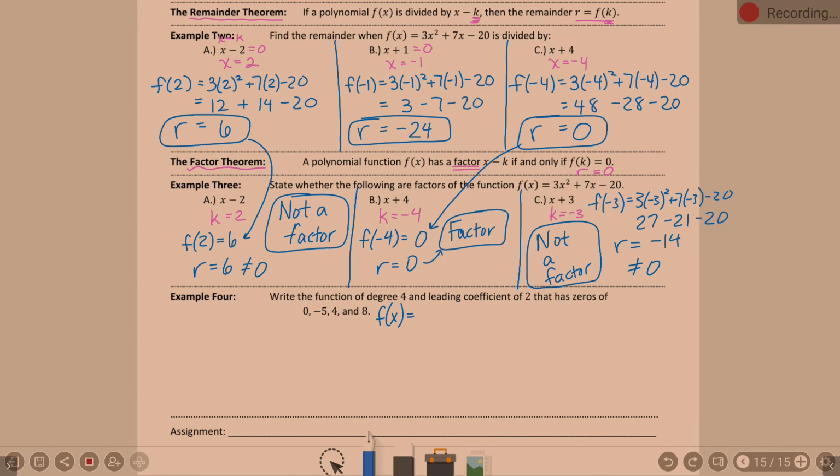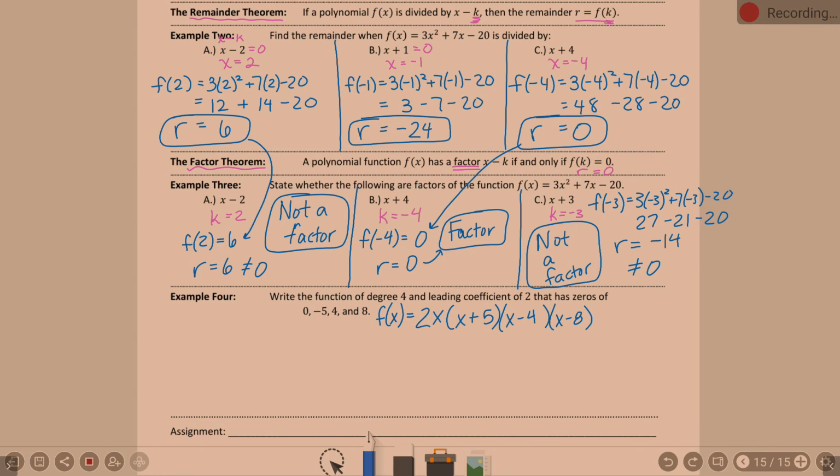What is that as a factor? X minus 8. A zero of 4. What is that as a factor? A zero of negative 5. X plus 5. What about a zero of 0? X. A leading coefficient of 2 means there's a 2 in front. So you would just have to multiply it out then. Okay? You would just have to multiply it out.